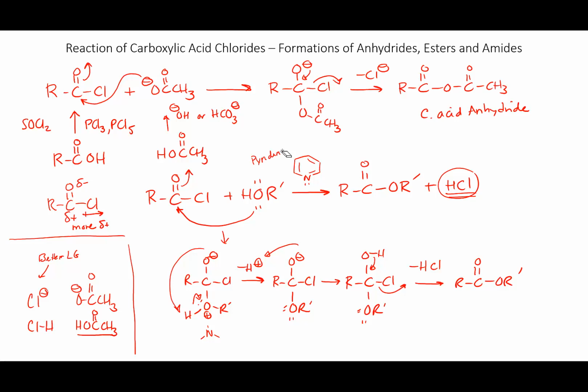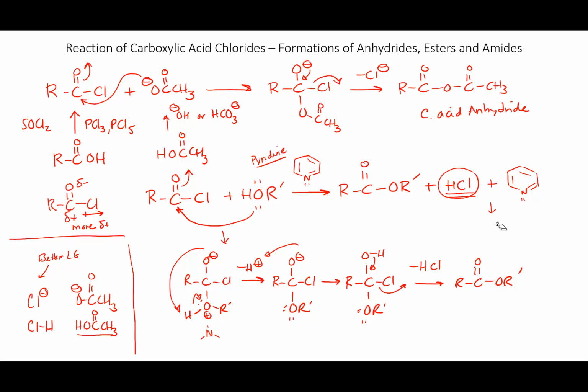And we've talked about pyridine a couple of times in terms of it being aromatic and in terms of it being basic. So what happens is that when you form the HCl, it ends up reacting with the pyridine, so that nitrogen has lone pairs that are not part of the aromatic system.